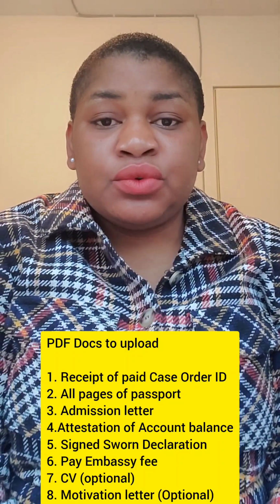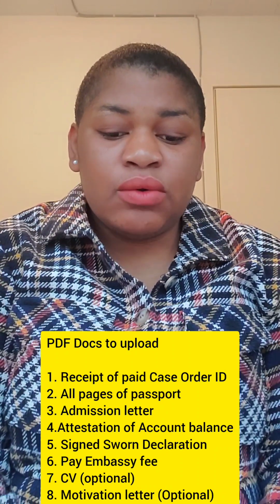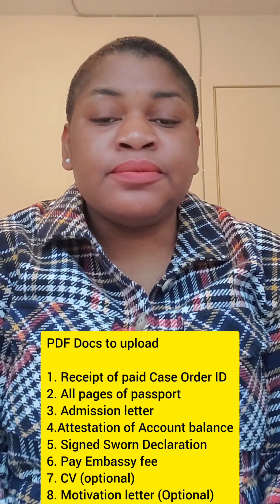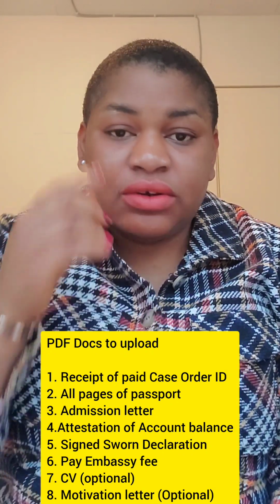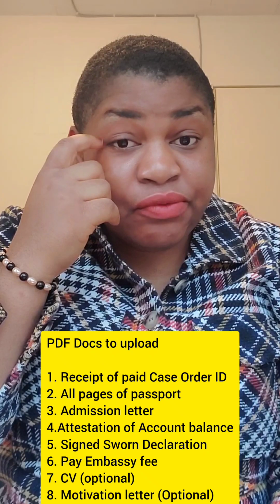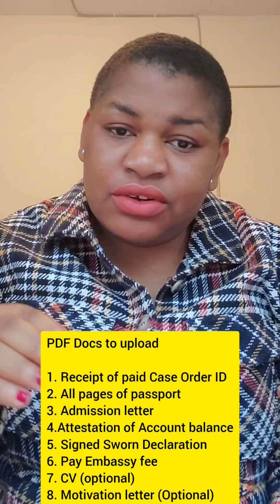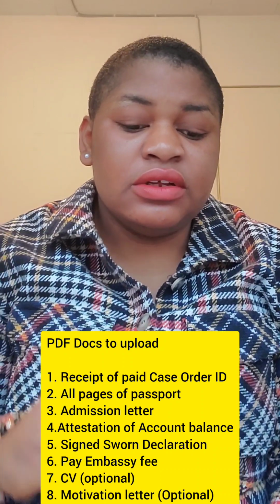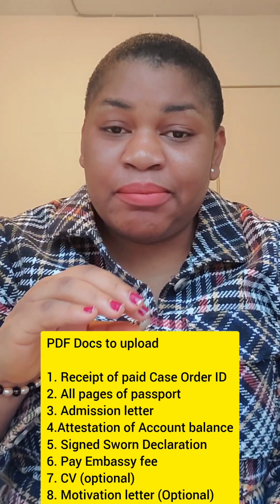And then while you're filling this form, you also have to download the sworn declaration of information page and sign it and upload it. So the ST1 online form, before you submit it, there's a declaration. All of this information is stated there. It's just that I want to break it down for us. There is the last page of a particular document.